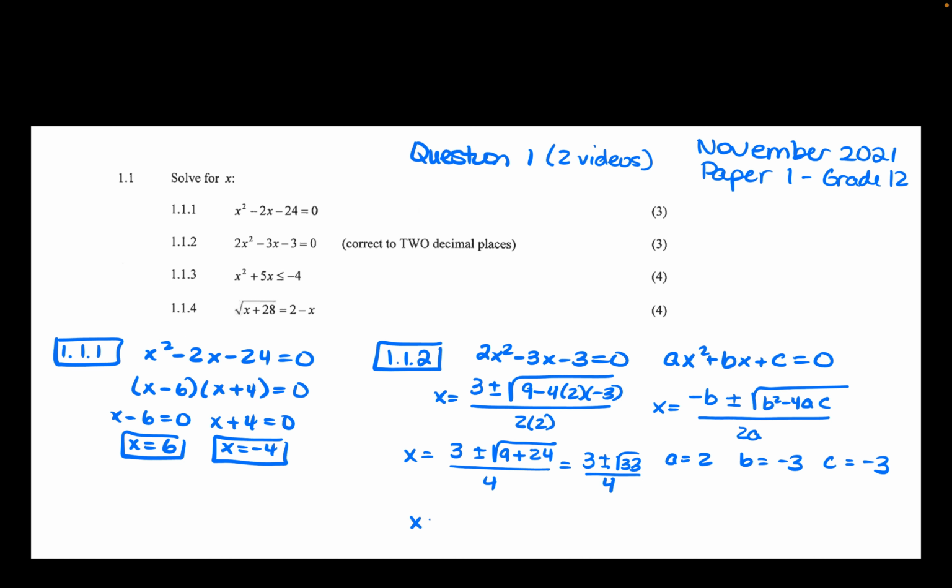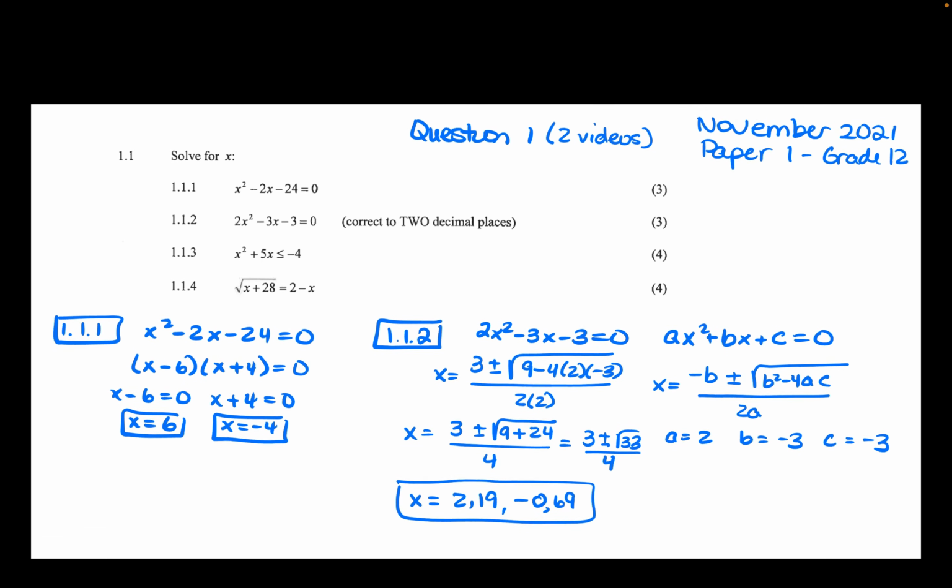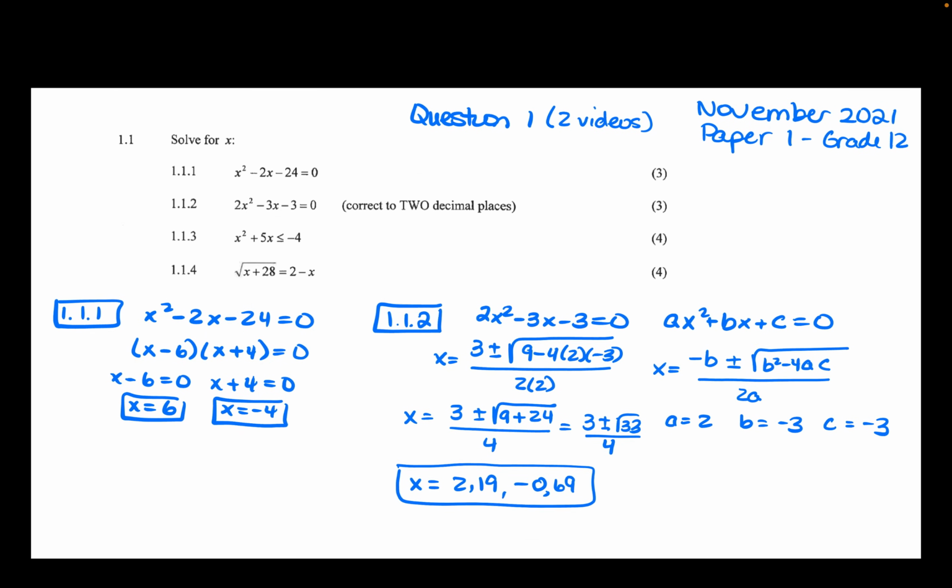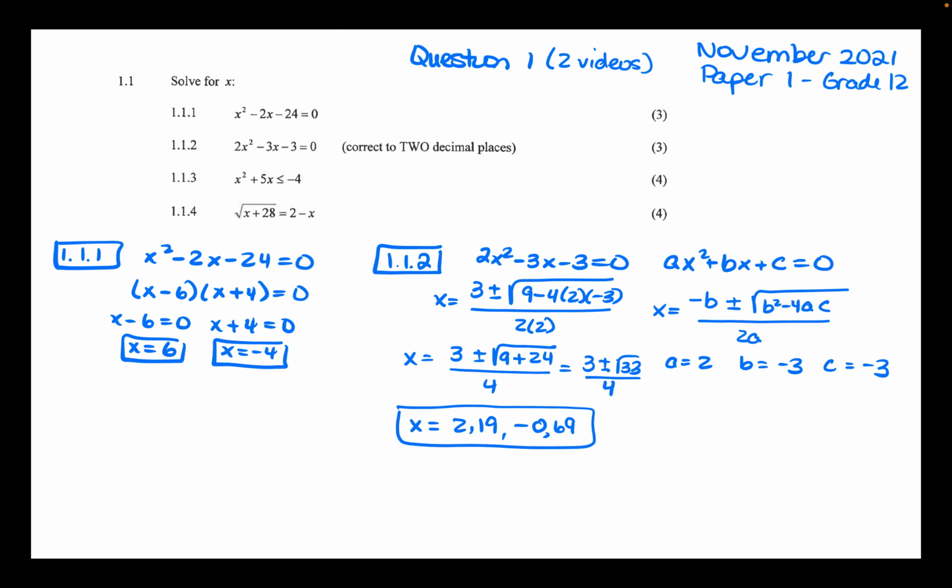But if you want to put it into decimal form, rounded to 2 decimals, it would be 2.19 and negative 0.69. Oops, I wrote that wrong. And be sure that you practice putting those in your calculator, because it's easy to make mistakes when you put those in your calculator.